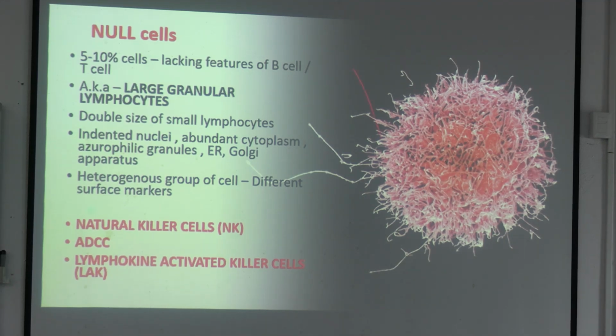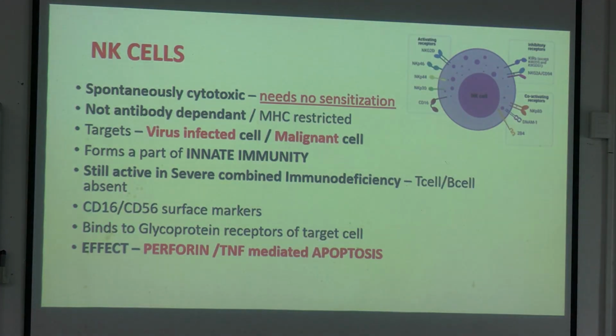Null cells are collectively called natural killer cells. They are also part of the antibody dependent cellular cytotoxicity cells, and they are also a part of the lymphokine activated killer cells or the LAK cells, okay? Now NK cells, if you see, have a lot of function in the terminal portion of the immune response. So what do they do? They are spontaneously cytotoxic.